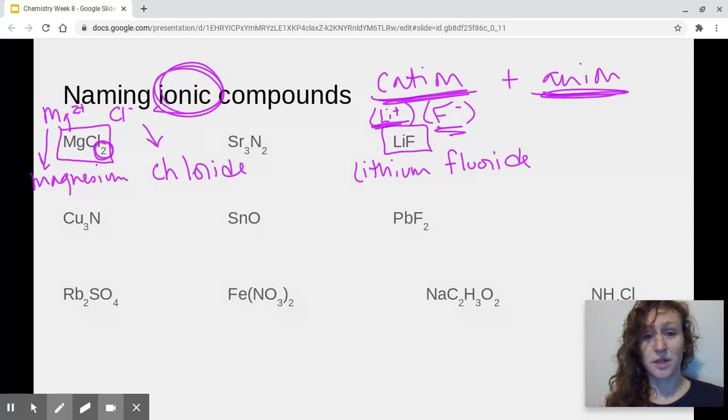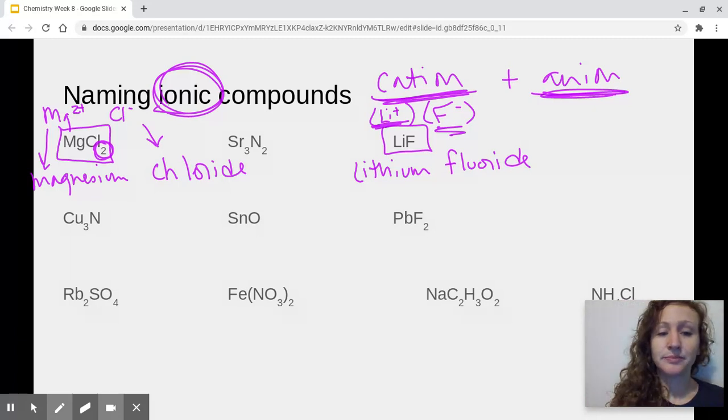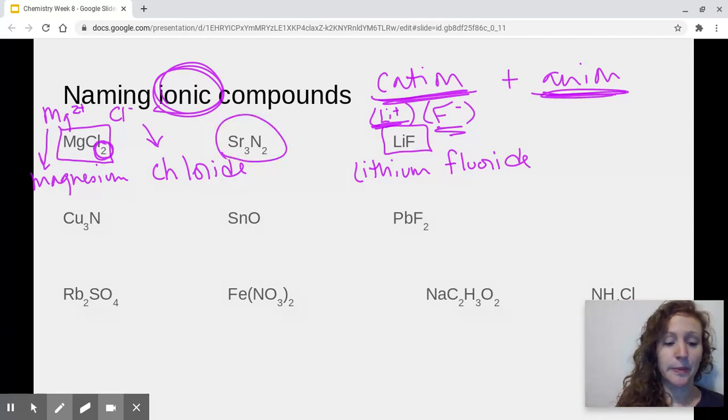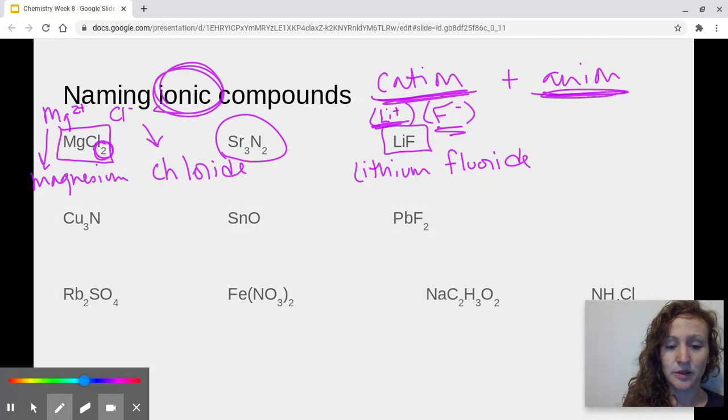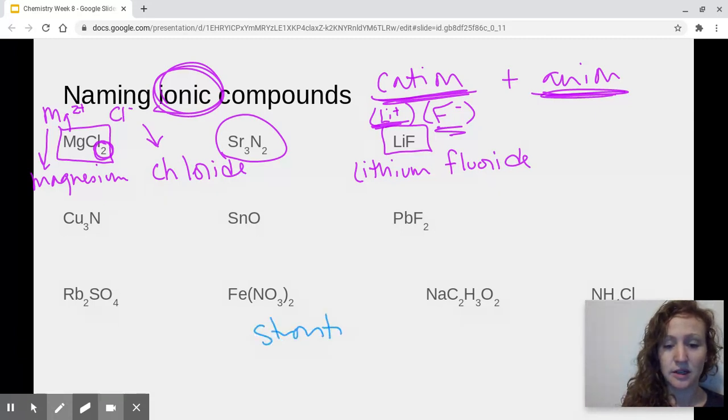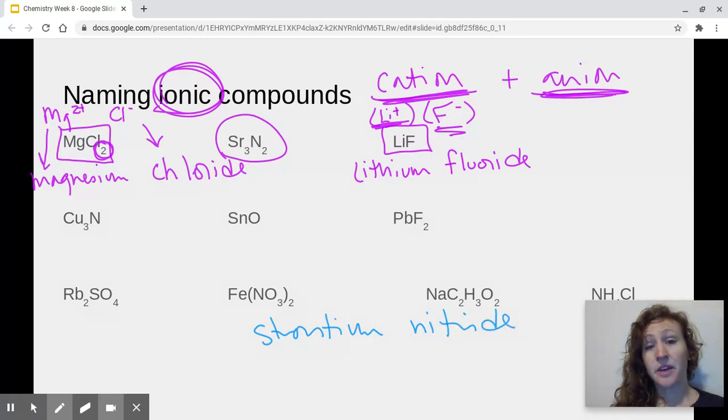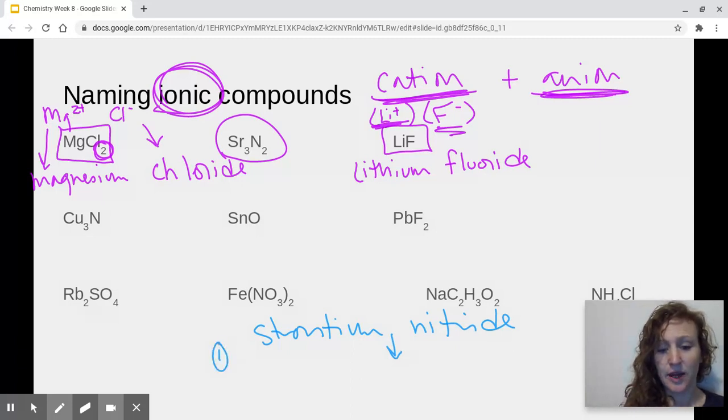You don't have to tell me that for ionic compounds, because if I know the charges, I can figure out what the subscripts are. So if you're given a compound name, for example strontium nitride, and you want to get to the formula, you have to go through a specific process where first you evaluate what ions you have: Sr2+, and nitride is N3-.